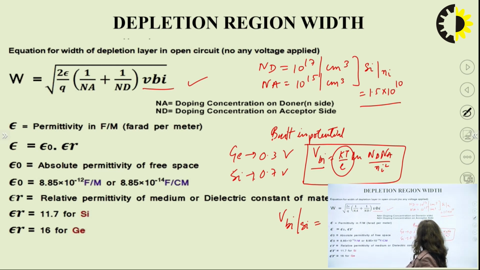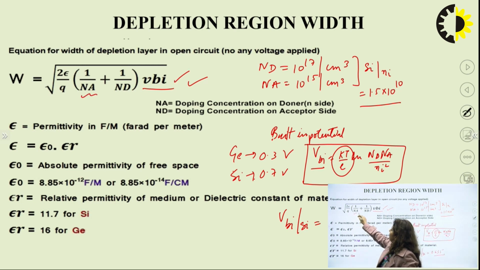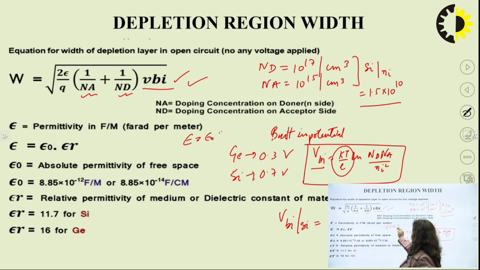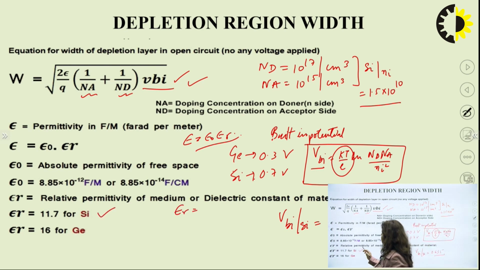So you just put in this value of built-in potential, the values of NA and ND, which are the acceptor concentration and the donor concentration, then 2 epsilon, where epsilon is basically epsilon naught times epsilon r. The value of epsilon r for silicon is 11.7, and for germanium it is 16.